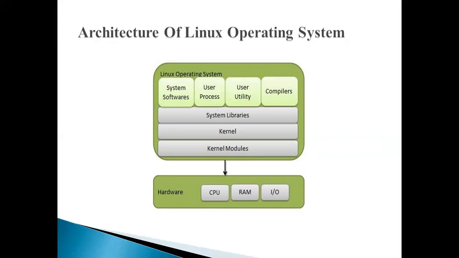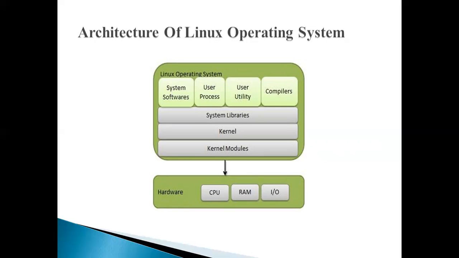Initially, the hardware layer, that is the bottom layer, consists of all peripheral devices like CPU, RAM, input outputs, HDD, etc. And next, coming to the kernel layer, as we have discussed in components, the kernel is the core part of Linux. It is responsible for all major activities of this operating system. It consists of various modules and interacts directly with the hardware.